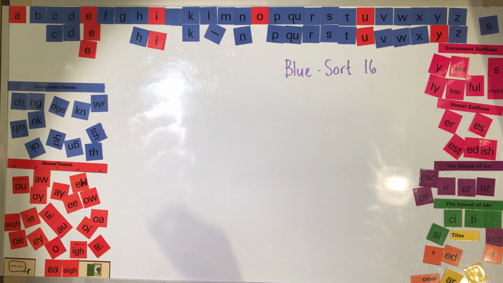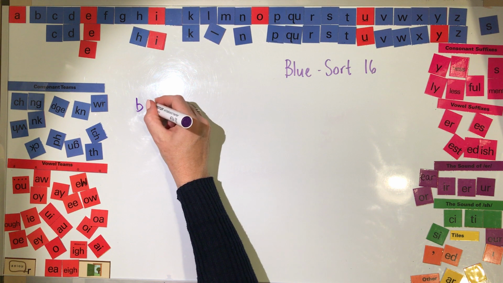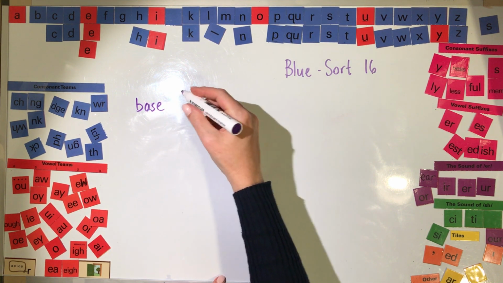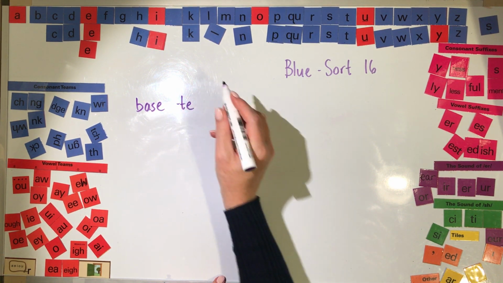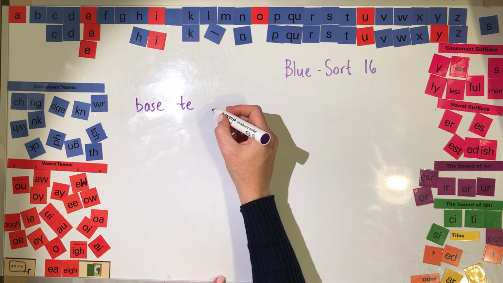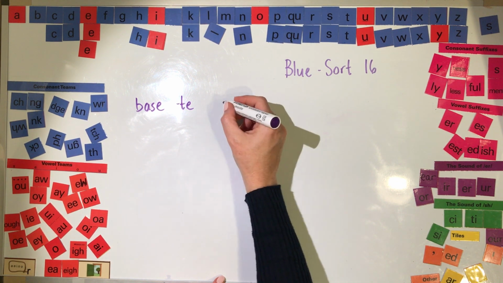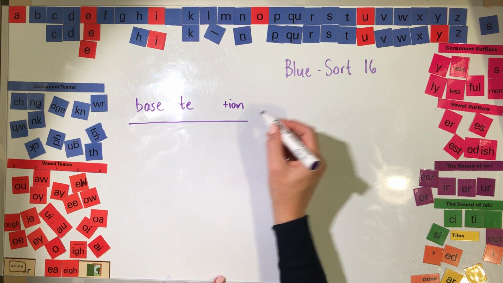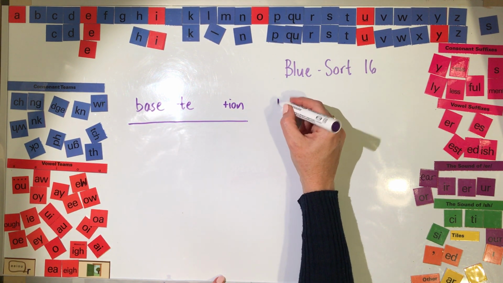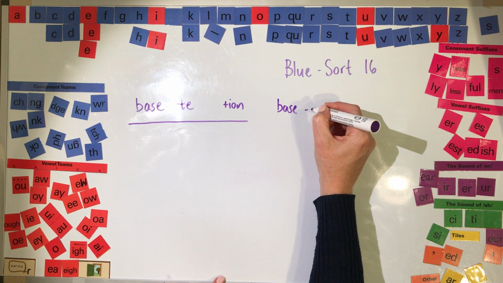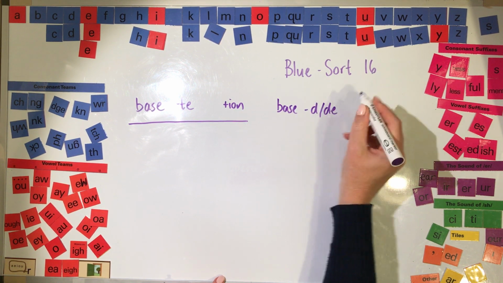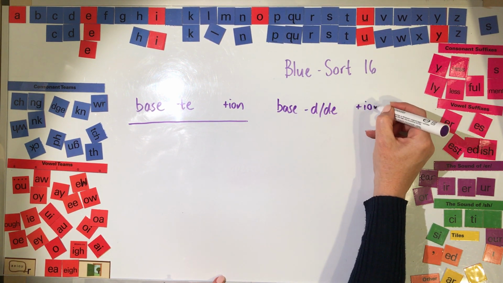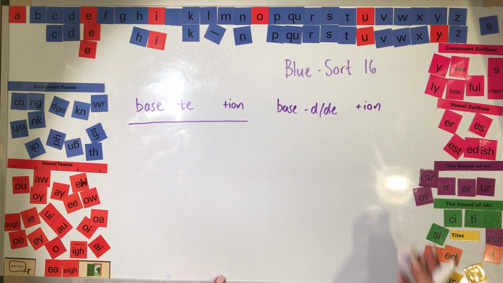Whoops. Okay, so we've got base words that end in TE. And then we're going to add ION to them. And then we've got base words D or DE. And then we're going to add ION. Actually, sorry, we have to add SION.